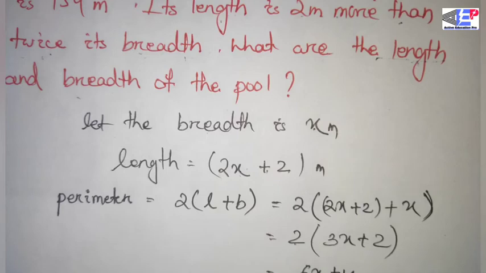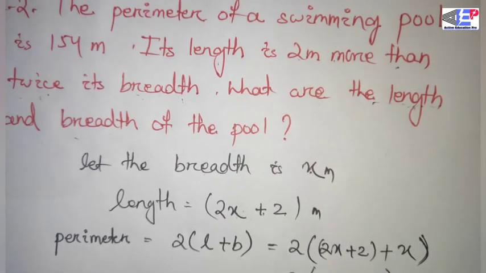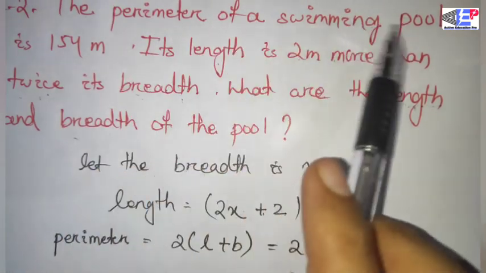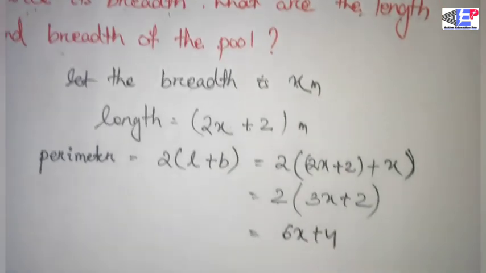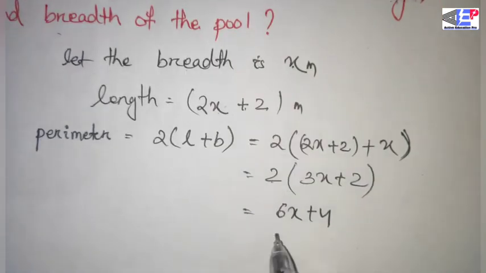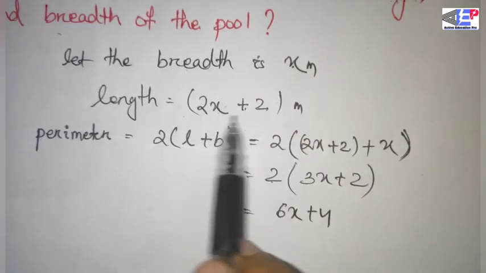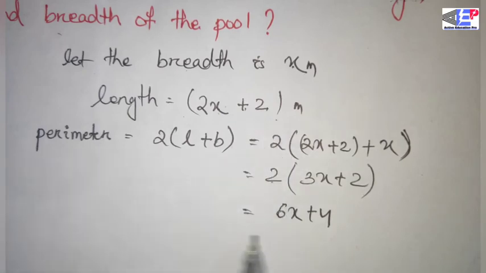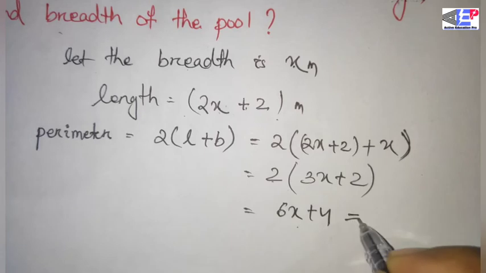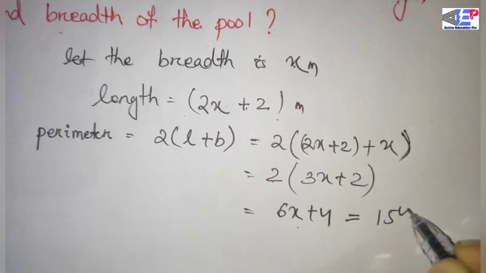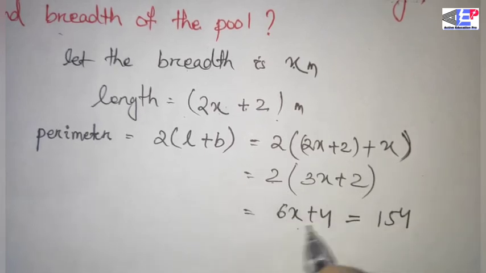In the question, the perimeter of the swimming pool is 154 meters. As we considered, x is the breadth and length is 2x plus 2, so our perimeter is 6x plus 4. But 154 is the actual value of this 6x plus 4, the perimeter of the swimming pool.